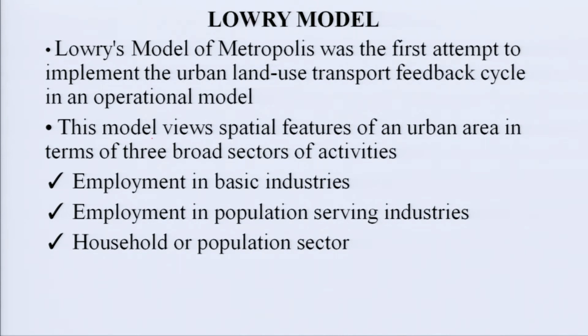The Lowry model of metropolis was the first attempt to implement the urban land use transport feedback cycle in an operational model. This model views the spatial features of an urban area in terms of three broad sectors of activity, as we have discussed already: employment in the basic sector, employment in the population serving industry, and household population sector.